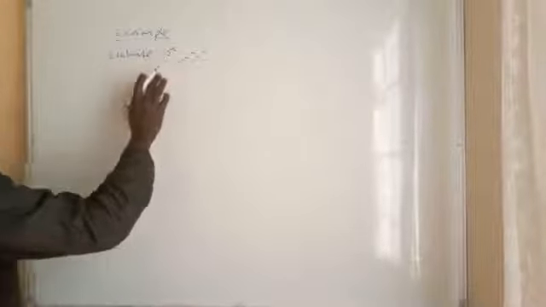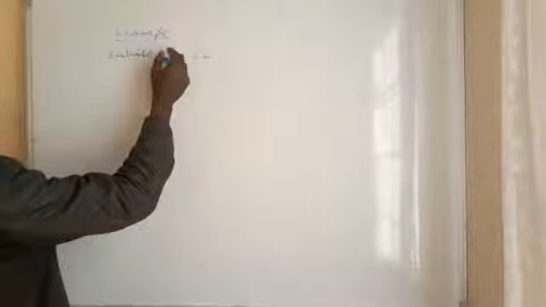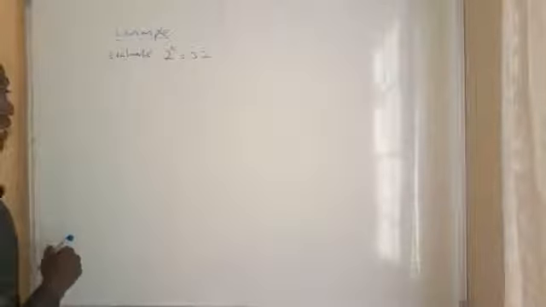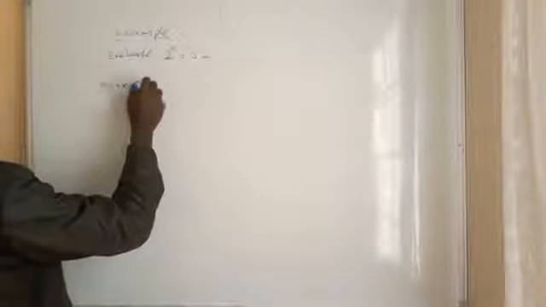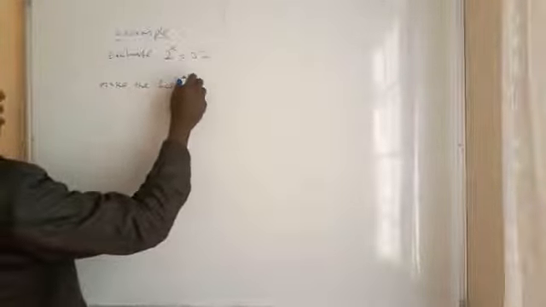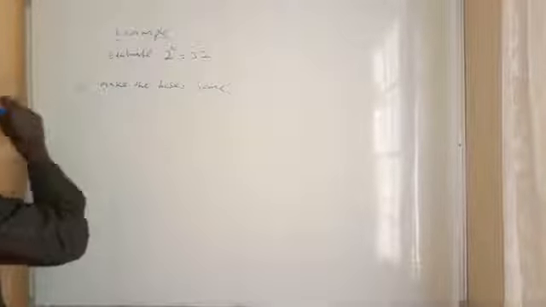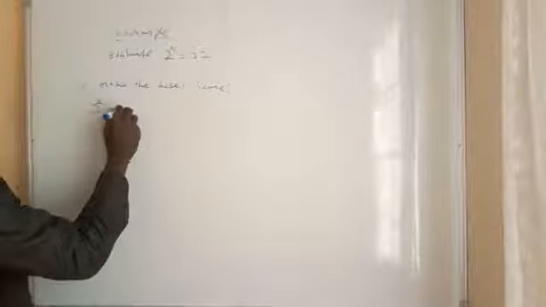What to do is you find the factors of 32 with respect to 2, because we want to make the bases the same. That is always the first thing to do. So we have 2 power x is equal to 32.